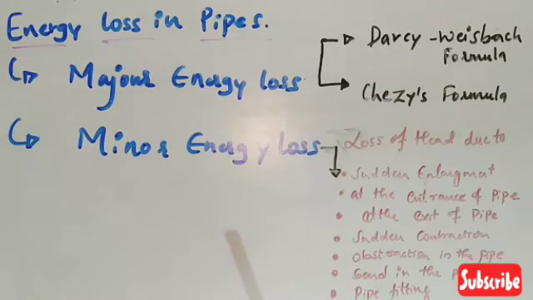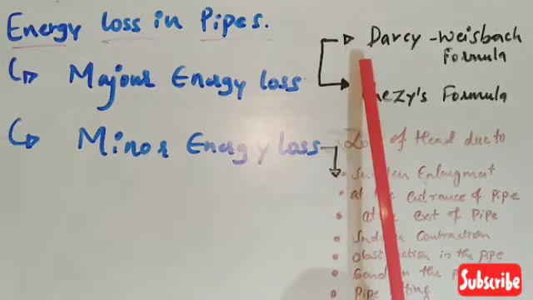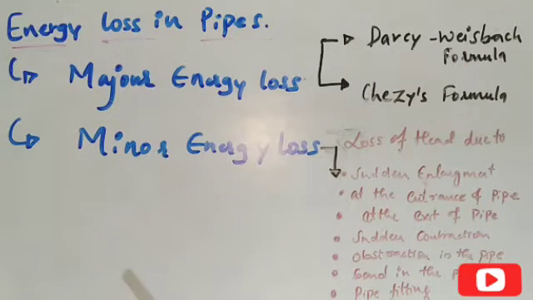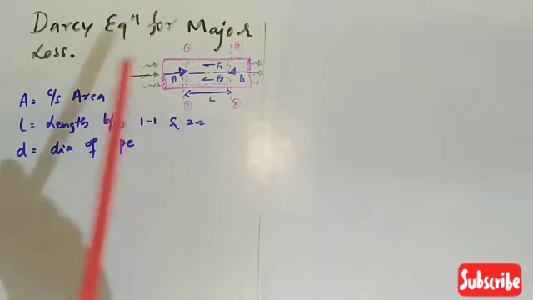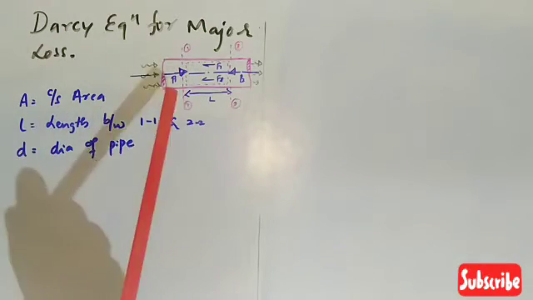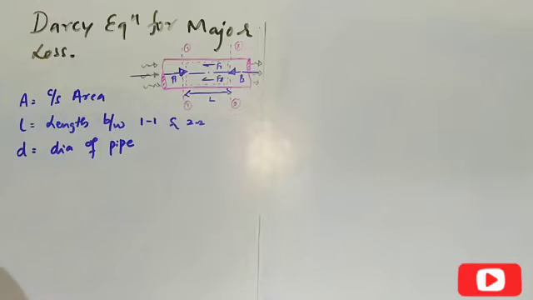Today in this video we are going to derive the Darcy Weisbach equation for the major losses. Consider a uniform horizontal pipe having a steady flow. Let D be the diameter of the pipe and A the cross-sectional area.